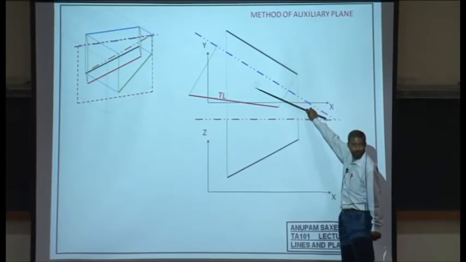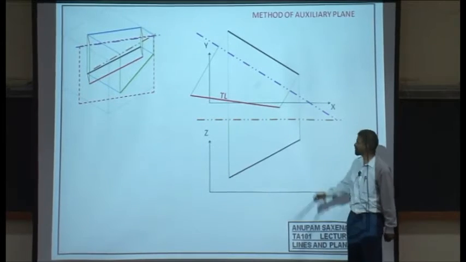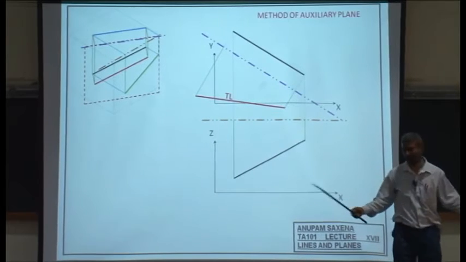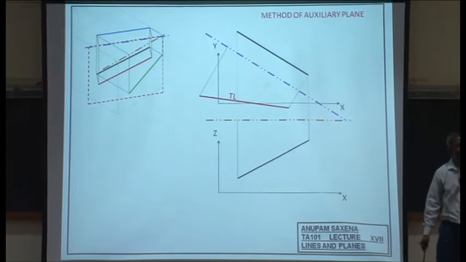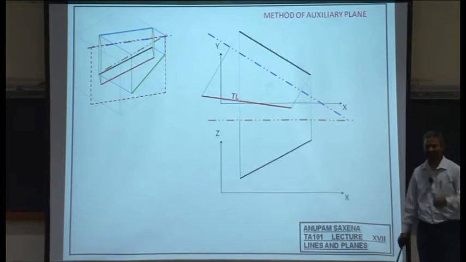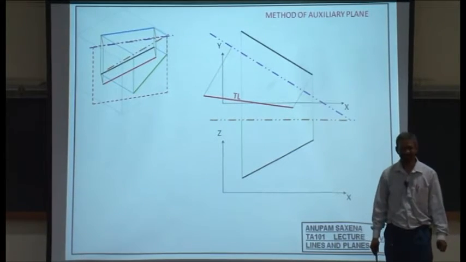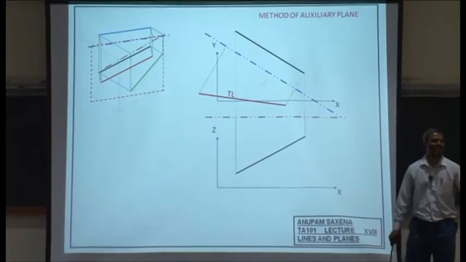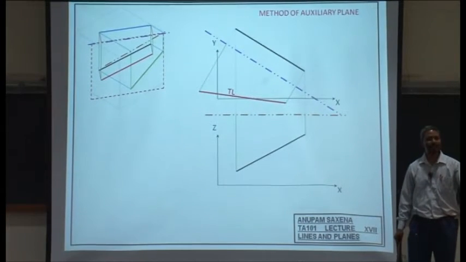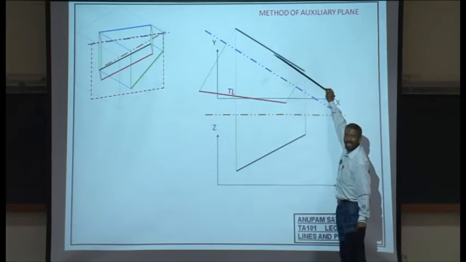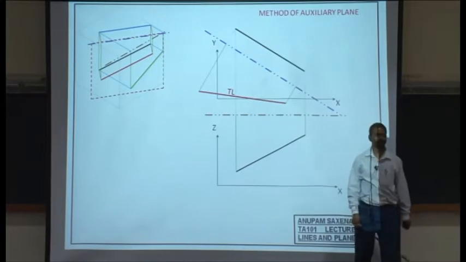You have these two views, all right? You have this hinge line? Yes or no? Yes, sir. Good. Step number 1. Draw a hinge line which is parallel to the projection in the top view.